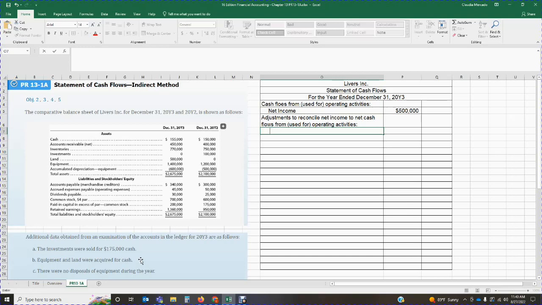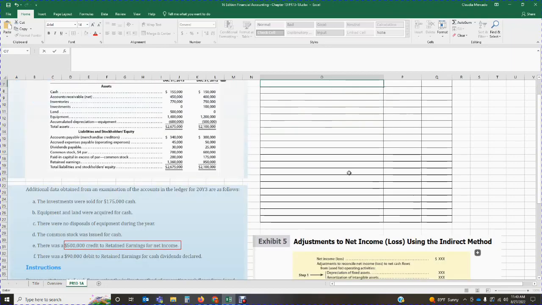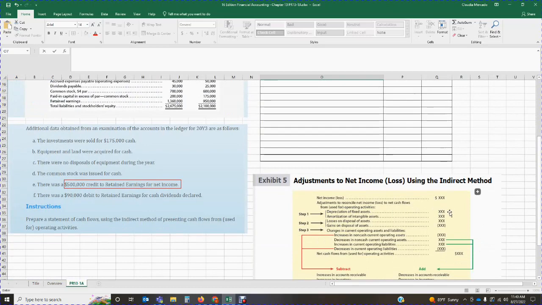Cash is not involved. But because it is utilized in the calculation of our net income, we have to make an adjustment to add that number back when we're calculating the statement of cash flows, because depreciation does not affect cash.